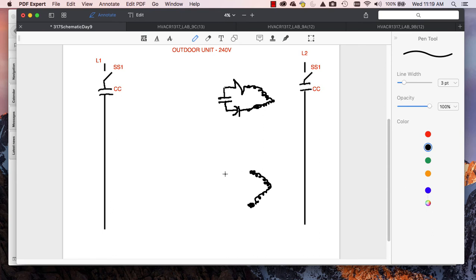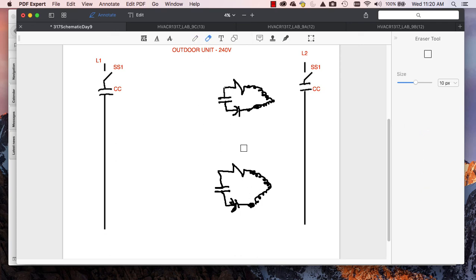Okay, and I'm going to do the same thing down here. I'm going to use a current coil relay that has a normally open contact, comes down, and energizes my start cap. And I really don't like the way that start cap's drawn, so we'll redraw that.